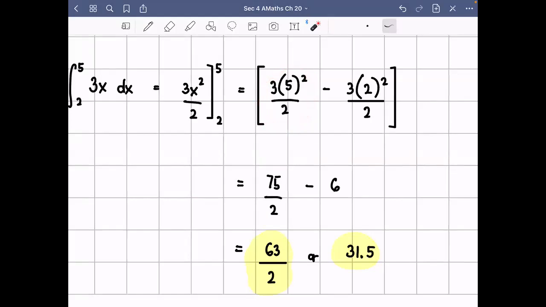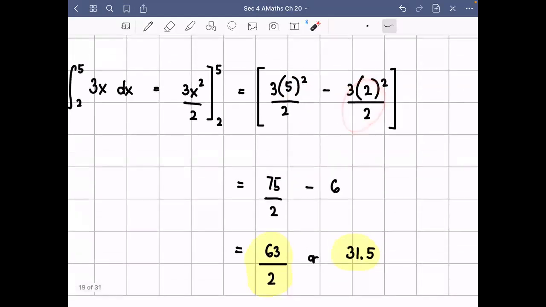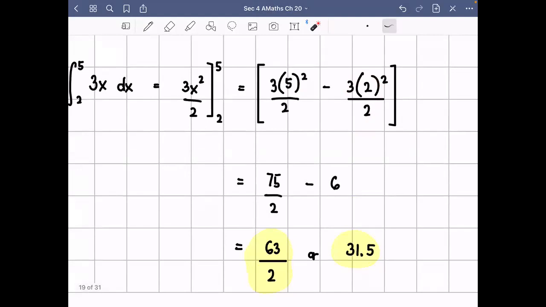You can just plug this in your calculator, but be careful. Always double check your answers, because sometimes it multiplies 3 and 5 first before squaring. But if you want to do this manually, 5 squared is 25 times 3, that's 75, and then this is minus 6. So therefore, your answer here is 63 over 2, or 31.5.